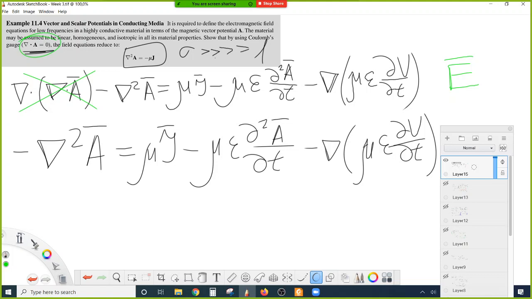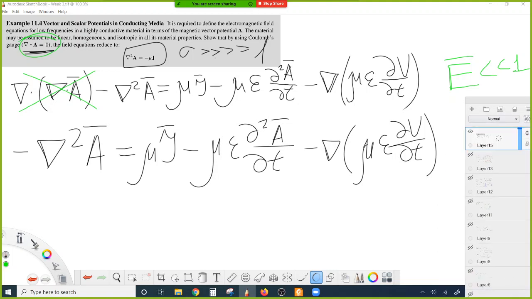So in our case also the electric field intensity in our material is very low, and in order to define the electric field intensity we must do some manipulations here.